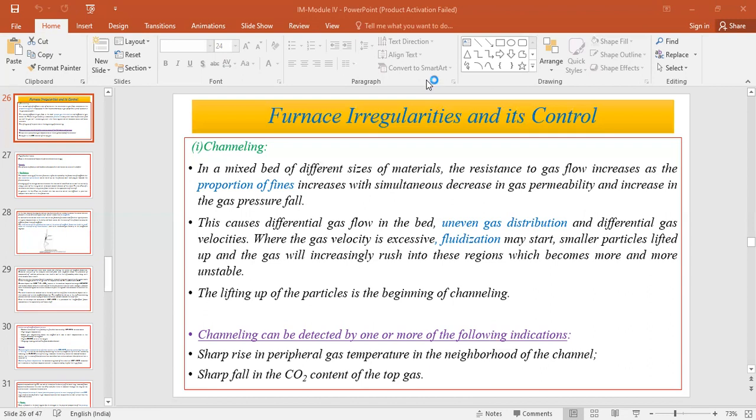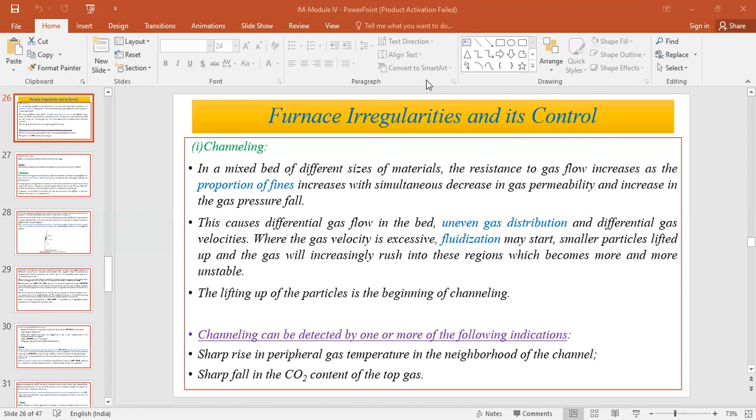These fines will occupy the pores and block the passage of the reducing gases in the upward direction, and the liquid products which are formed at the lower part of the blast furnace will also encounter resistance to their flow in the downward direction.